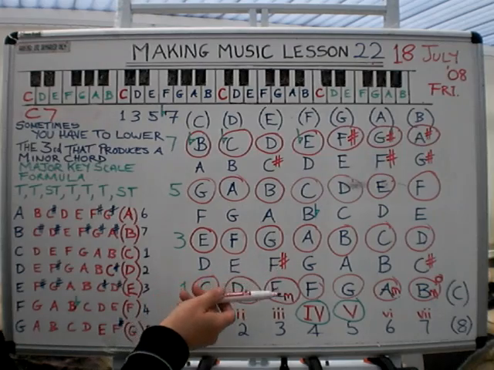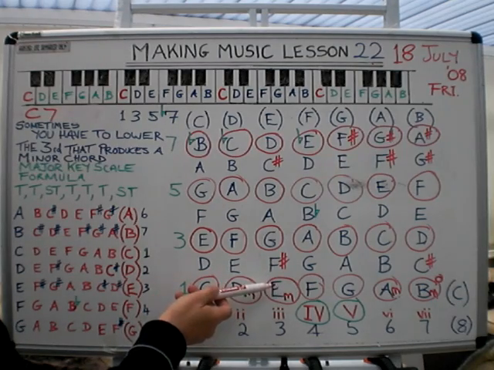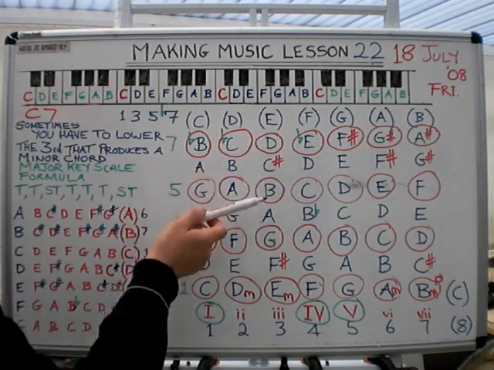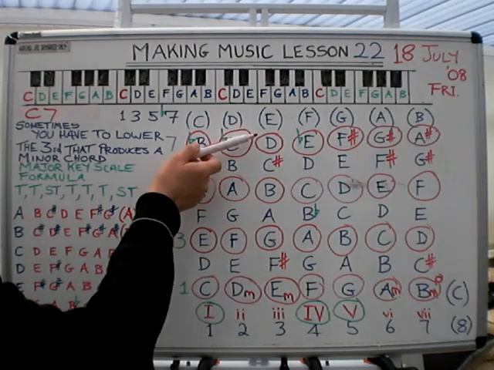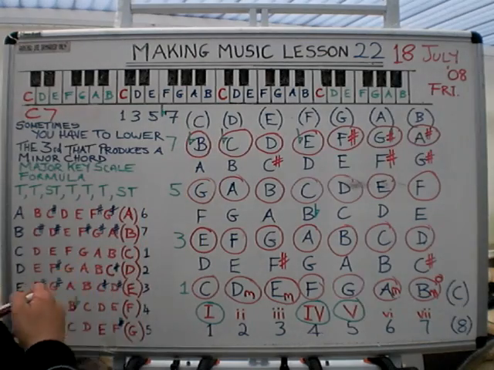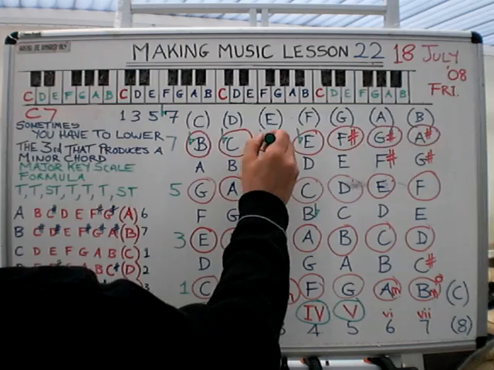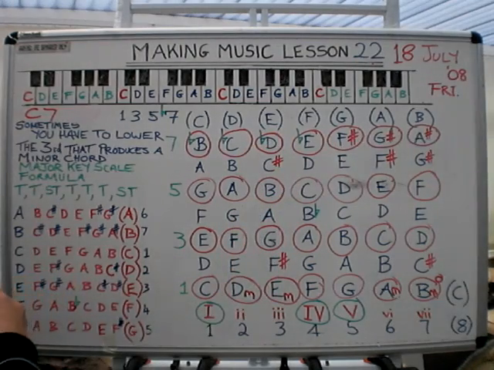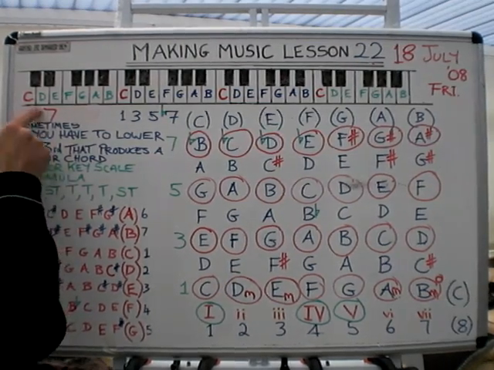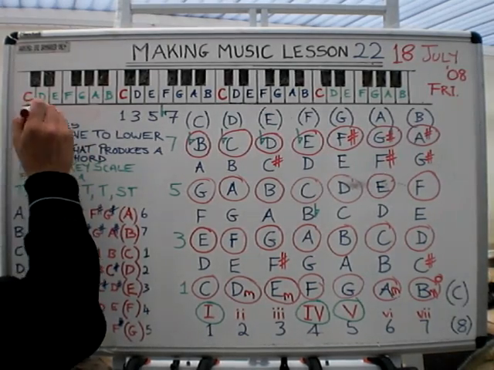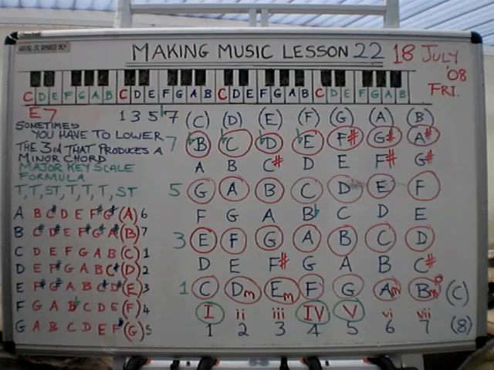Let's go to the E then. E, G, B, D sharp is E major 7. If we now flatten the 7th, we'll make it, you guessed, E7 or E dominant 7.